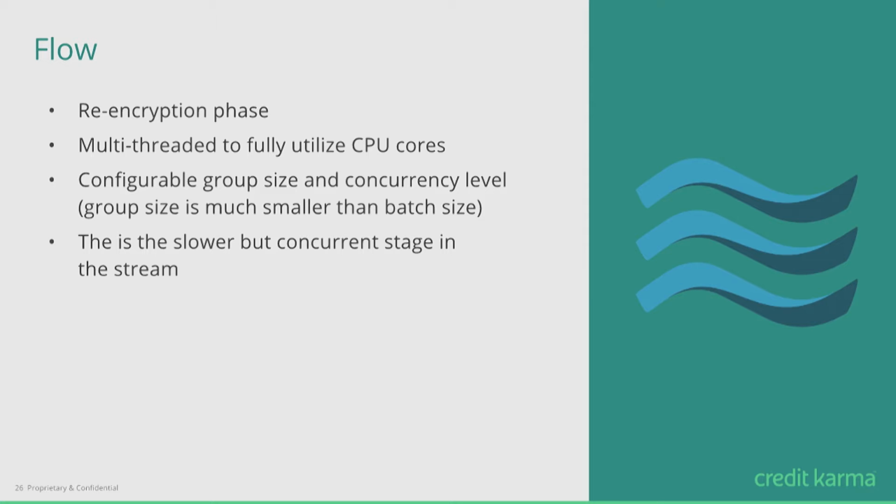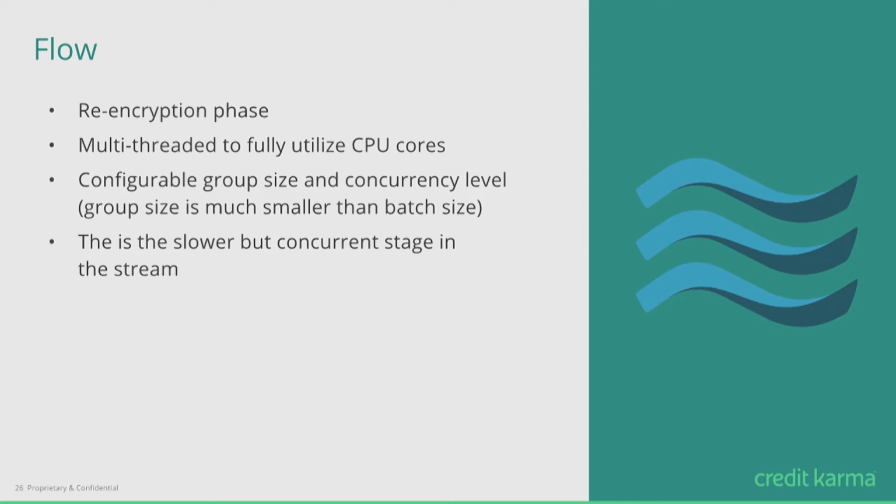The flow is really the heavy-duty part, right, which does all the re-encryption of all that data. And it's running in parallel. We configure the group size and the concurrency level also based on our resource constraints. One thing to note is the group size is much smaller than the batch.